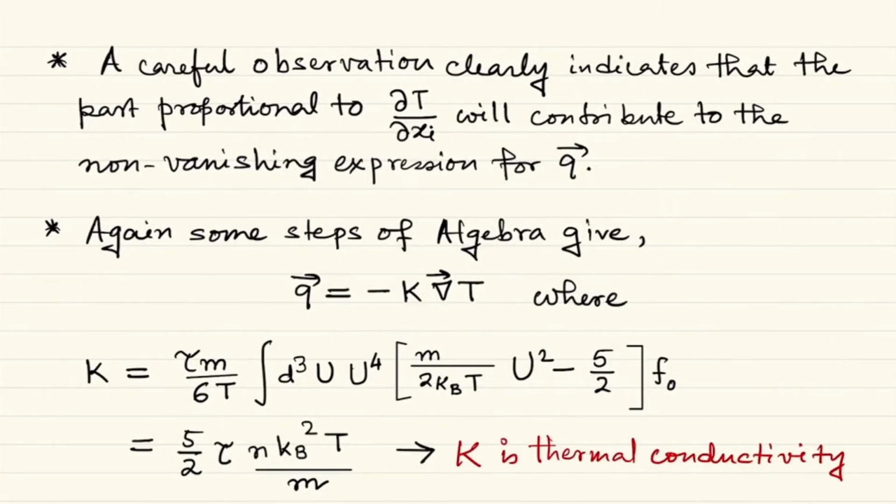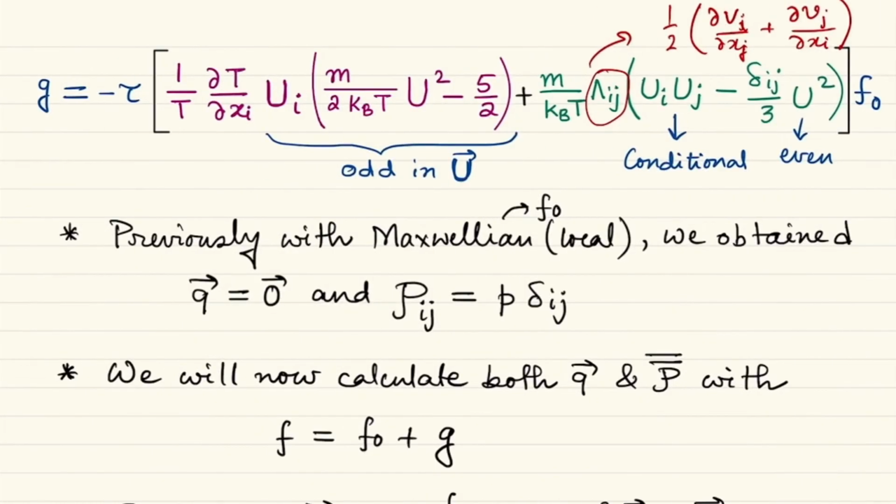So a careful observation here clearly indicates, okay, that the part of G which is proportional to del T del Xi will contribute to the non-vanishing expression of Q. Why is that? That is something very interesting and we have to learn how to check that.